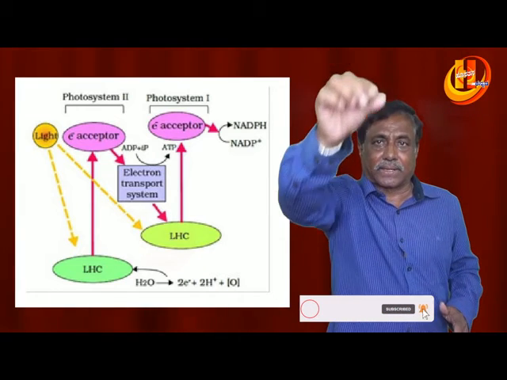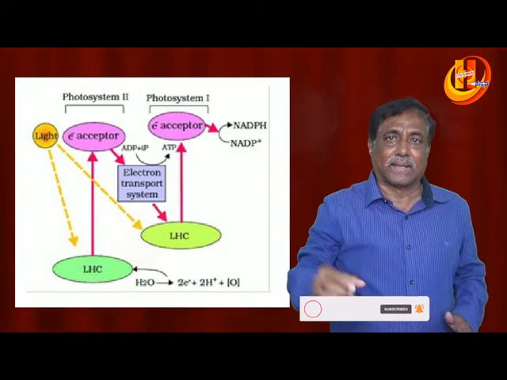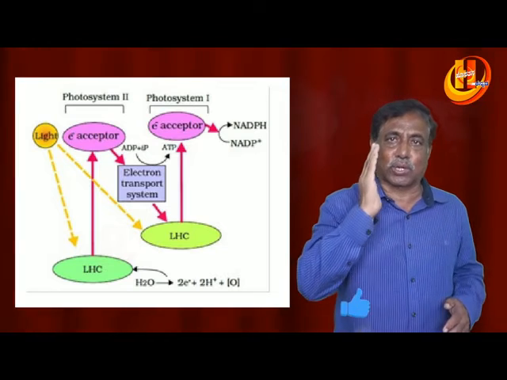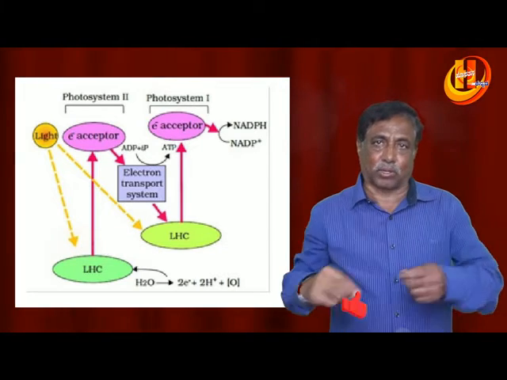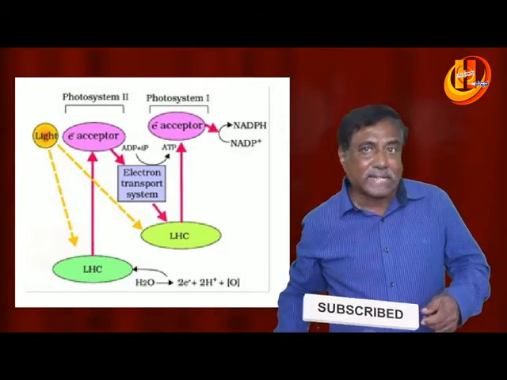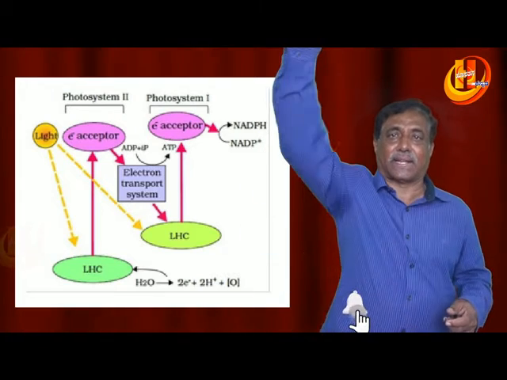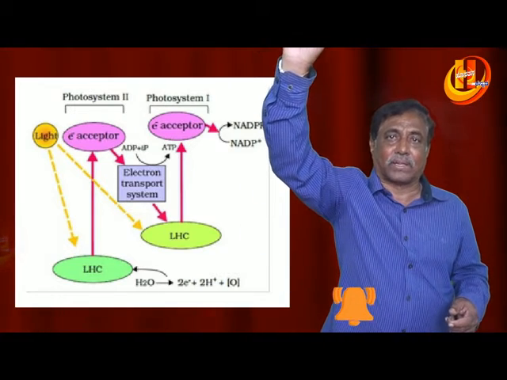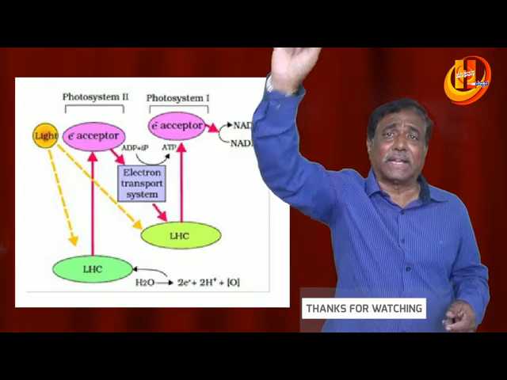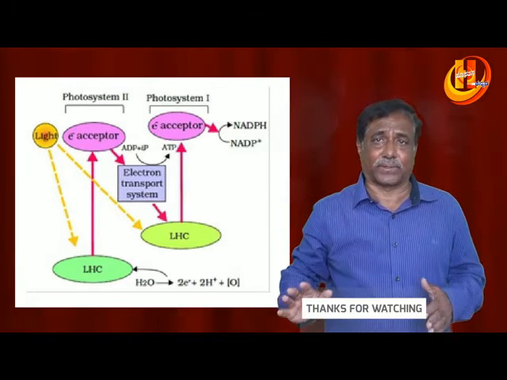Then the downhill process follows: plastoquinone, cytochrome B, cytochrome F, plastocyanin, and the electrons enter PS1 and reach FRS and FD, and NADP gets reduced.